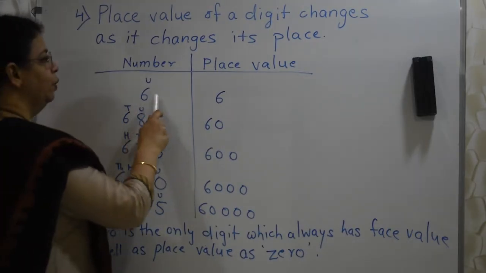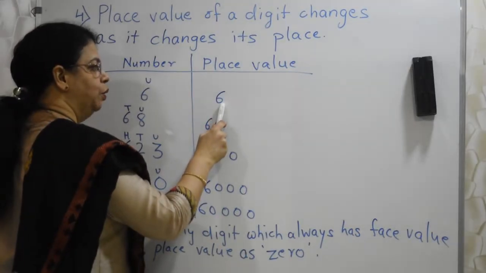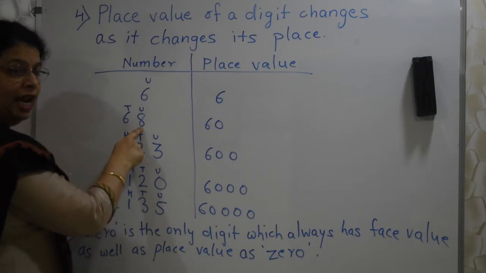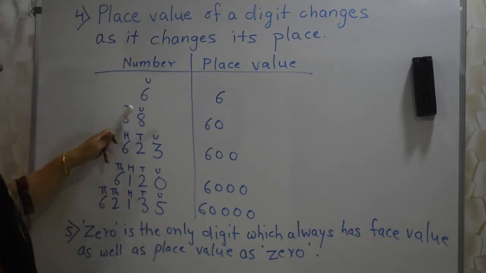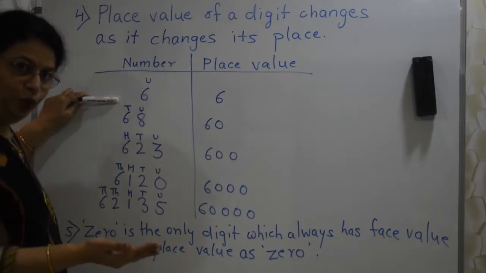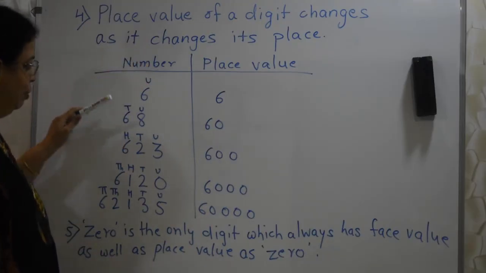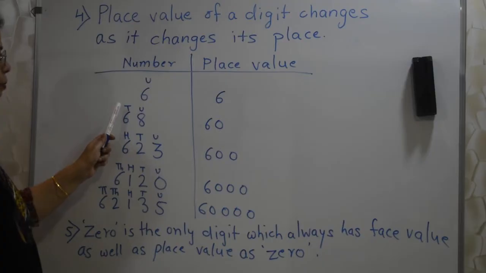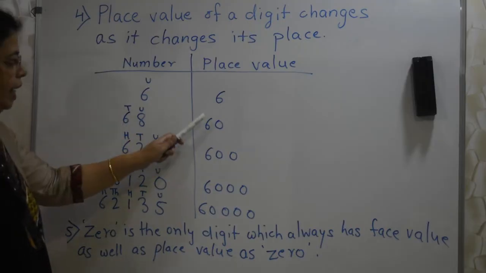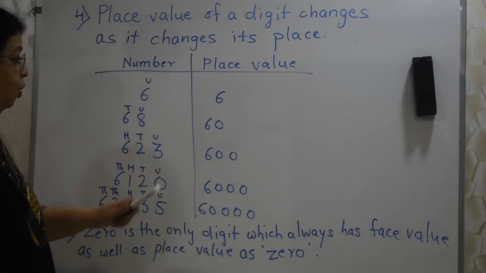So obviously it will have place value 6. If I write 68, now this 6 has come in the tens place. Its value has increased because from units place it has come to tens place in this number. So obviously its value will be 6 tens, that is 60.